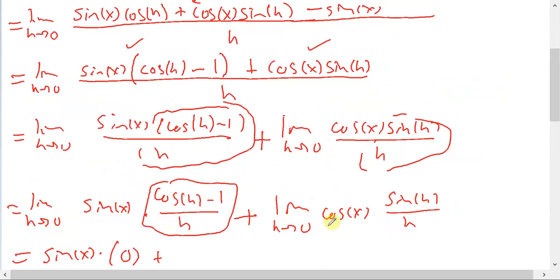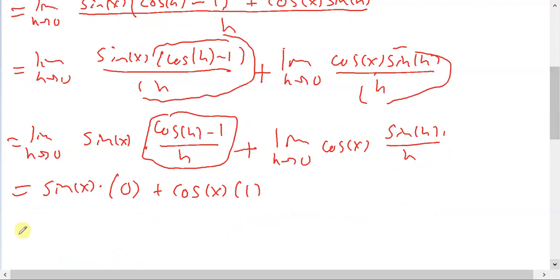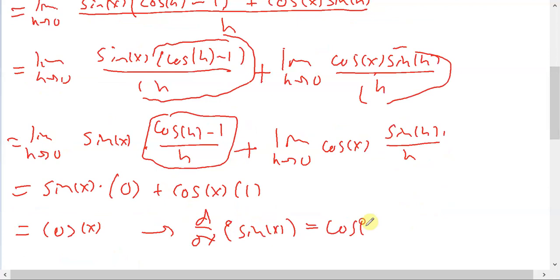Plus, here we go again, cosine x as h goes to 0, that's still cosine x, there's no h in that. But sine h over h as h goes to 0, that's 1. So we end up with cosine x, which says that the derivative of sine is cosine.